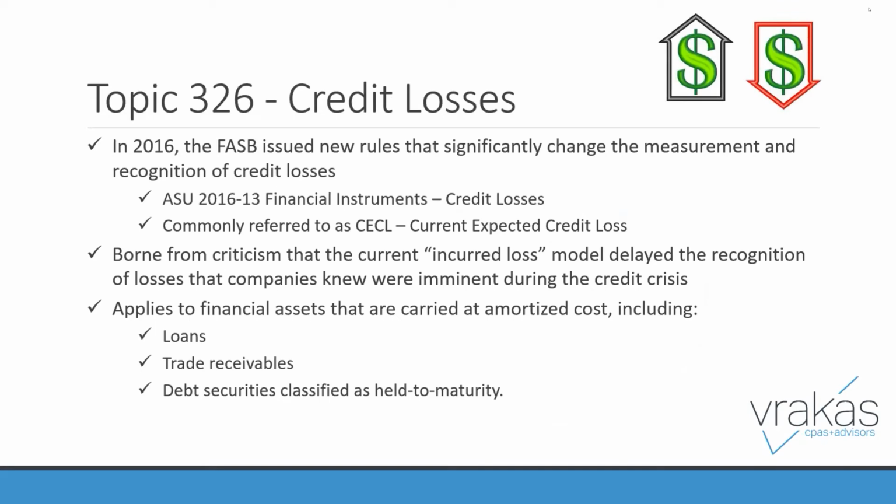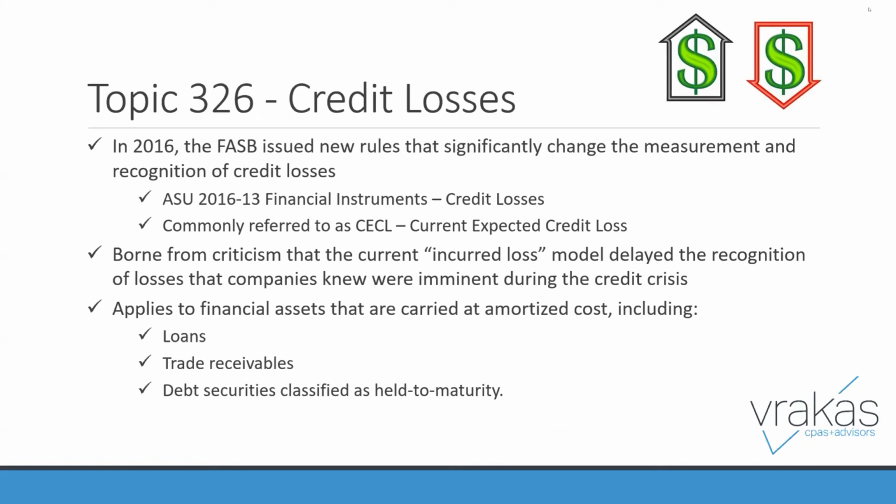But it actually applies to anyone who has receivables. So if you have trade receivables, AR, this standard does apply to you. It was initially issued as ASU 2016-13, called Financial Instruments Credit Losses. It is commonly referred to as CECL, the current expected credit loss.